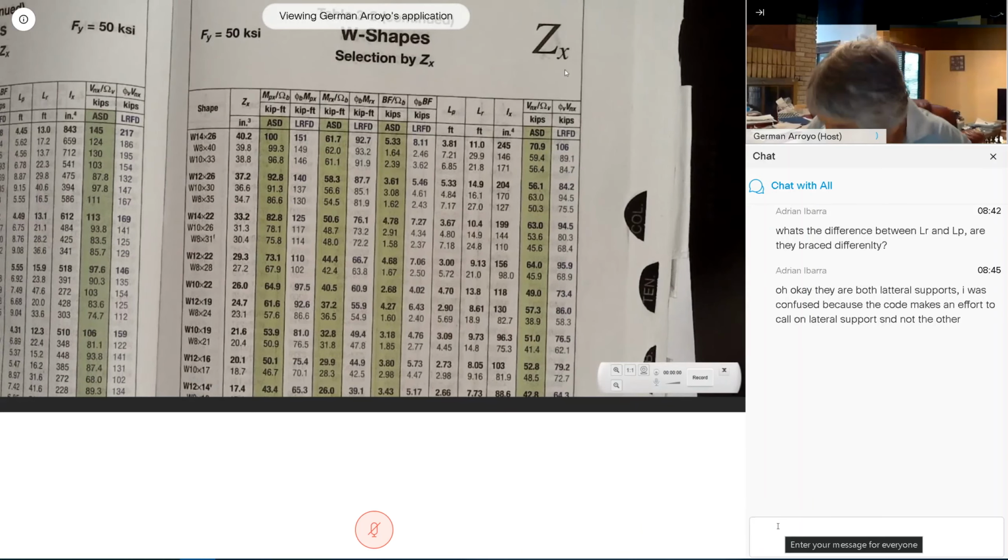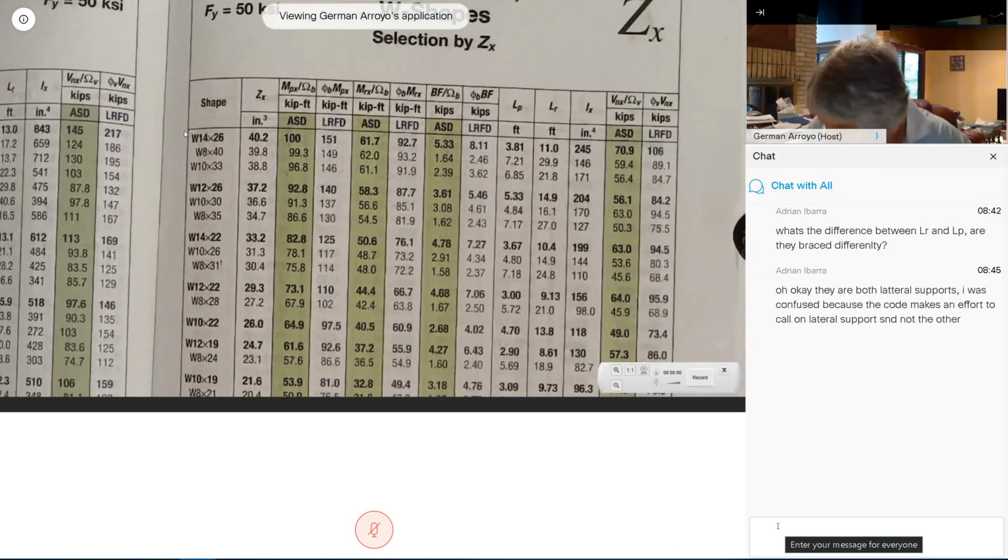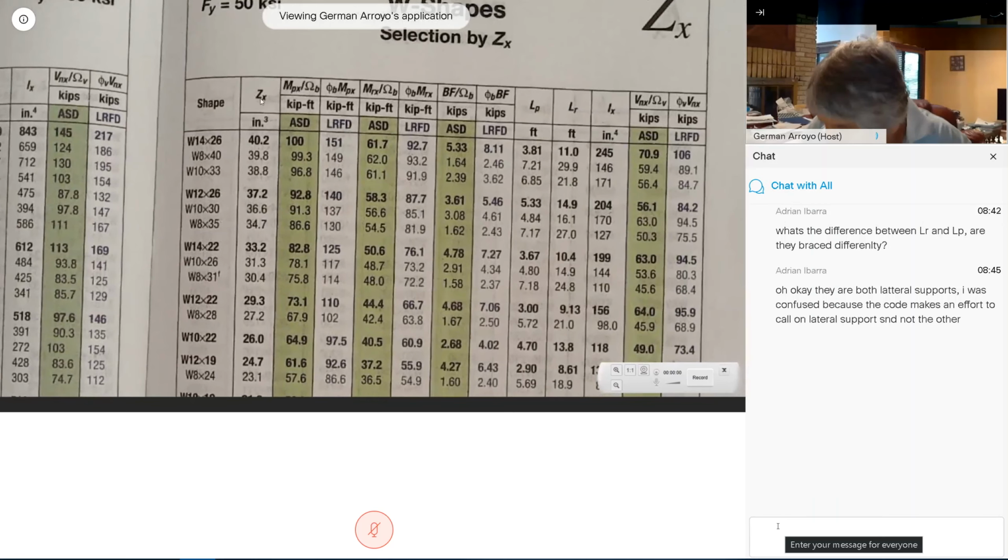And bending is about the strong axis. Only in the textbook, sometimes we have weak axis because it is designed to bend about the strong axis, more efficient. But for each section, for instance, W14 by 26, the plastic modulus, property of the cross section, inches to the third, is already computed for you in here.